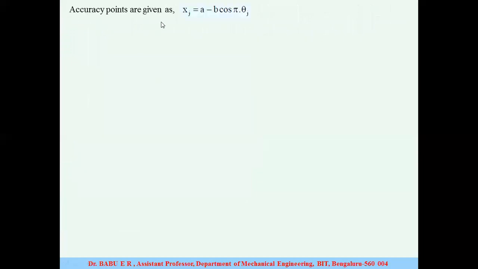Now the accuracy points: xj equals a minus b cos of pi theta j. Now I will substitute the value of j. When j equals 1, the equation becomes x1 equals a minus b cos of pi theta 1. Theta 1 we already found, a we already got, b is also known, pi is also known. So a is 2.5, minus b is 1.5 cos of pi into 1 by 6.